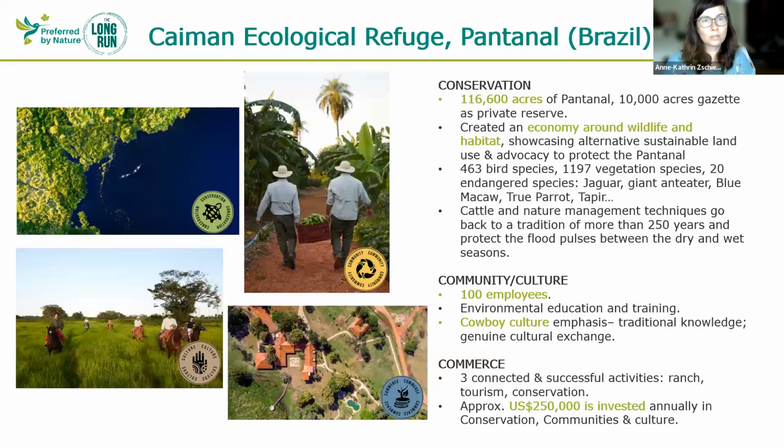The next example I wanted to share is about Caiman Ecological Refuge in Brazil. It's situated in the Pantanal, which is the world's biggest wetland, and in 2000 it was declared a World Biosphere Reserve by UNESCO. However, the area is under threat by soy farms and unsustainable land uses surrounding the Pantanal.